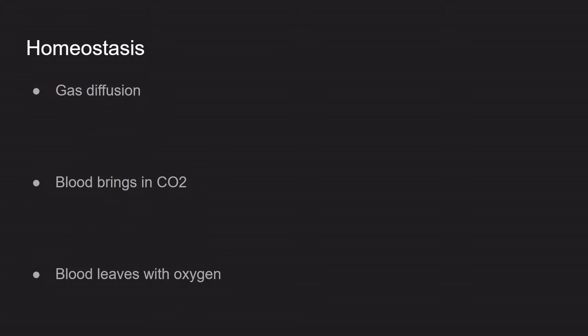Gas is brought into this area and diffuses into the alveolar sacs, where it is dissolved into the blood and carried away, and CO2 is diffused out of the blood into the lungs and then expunged from the main airways.